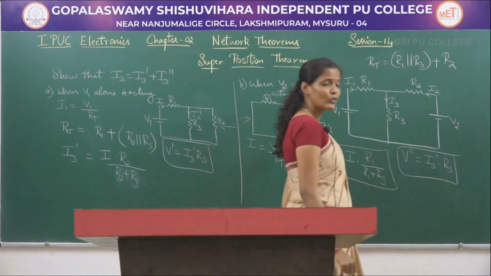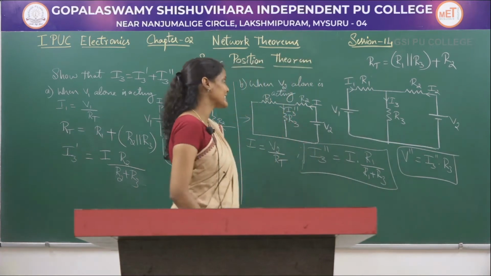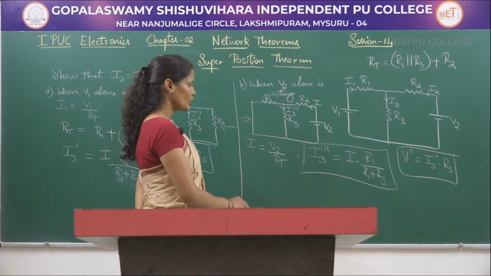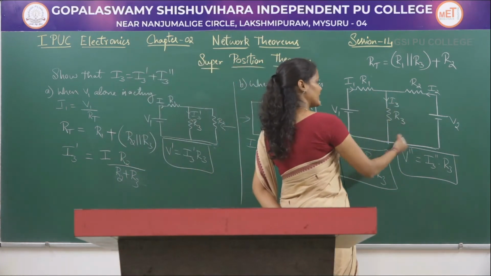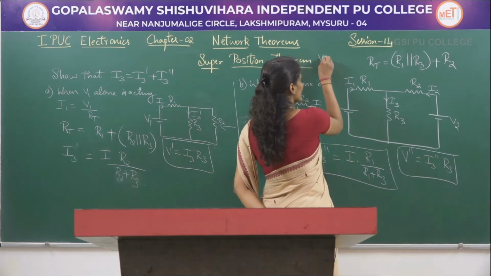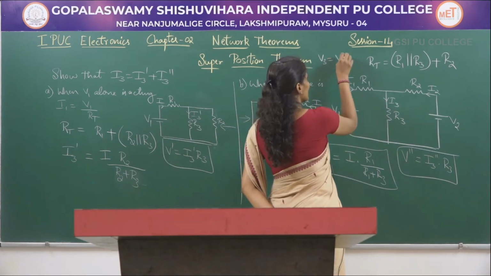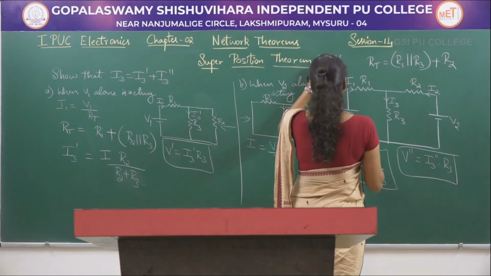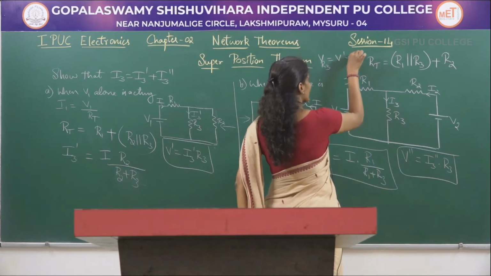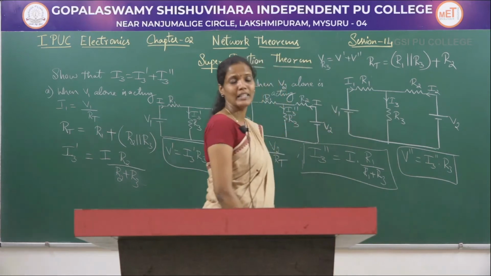So this is the voltage across this resistor when only V2 is acting. So in order to find out the total voltage across this resistor, what we are going to do is, we are just going to add them. The voltage across R3, V3, is equal to V dash plus V double dash.